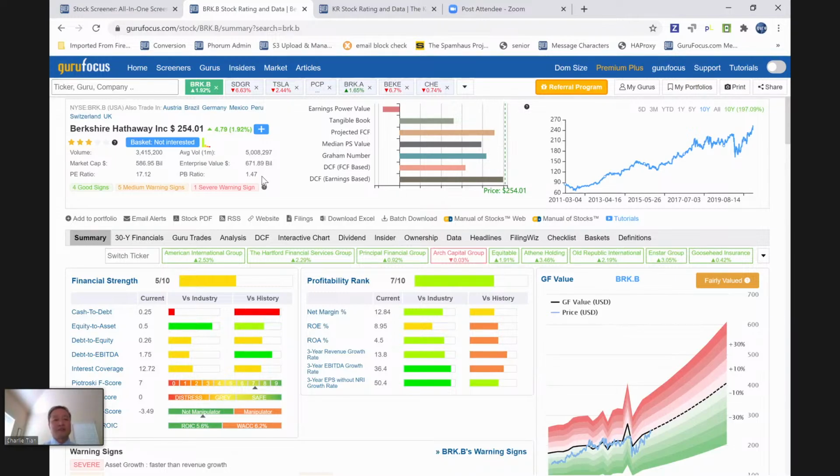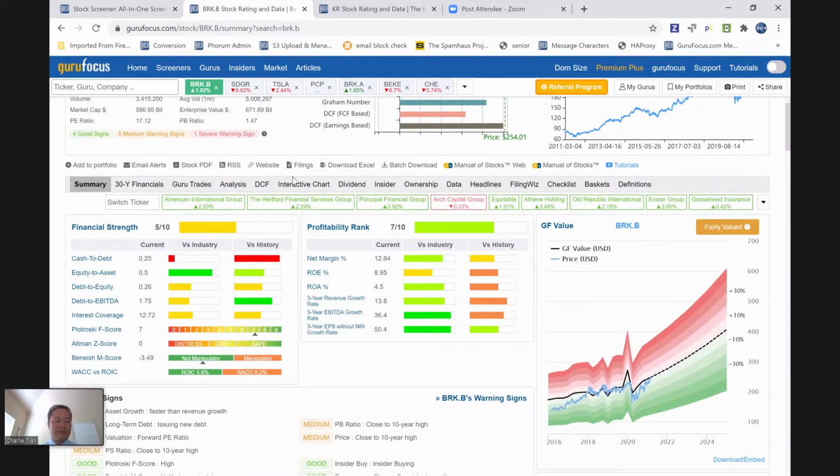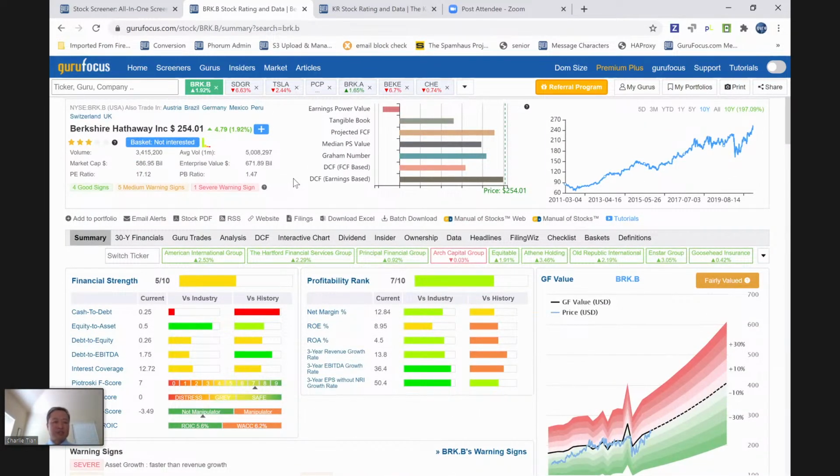Not just an investment company or insurance company, more non-financial operations these days. So it is worth a higher price to book ratio, and even at this price to book ratio of 1.47, Warren Buffett is buying heavily, buying back stock.